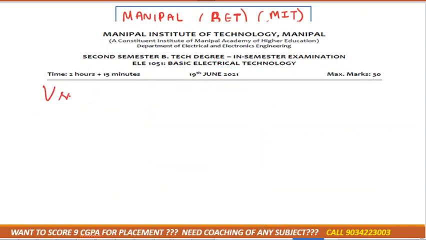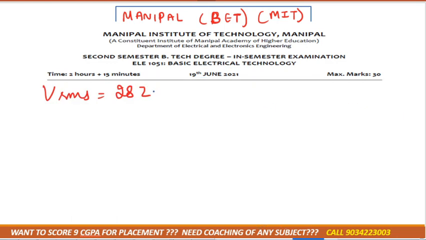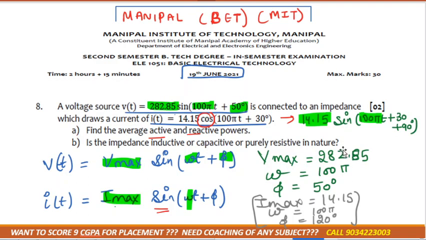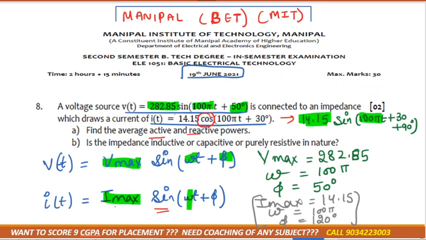So VRMS would be how much? 282.85 divided by root 2. Similarly, we'll get IRMS. Imax is how much? 14.15. So IRMS is 14.15 divided by root 2, right?